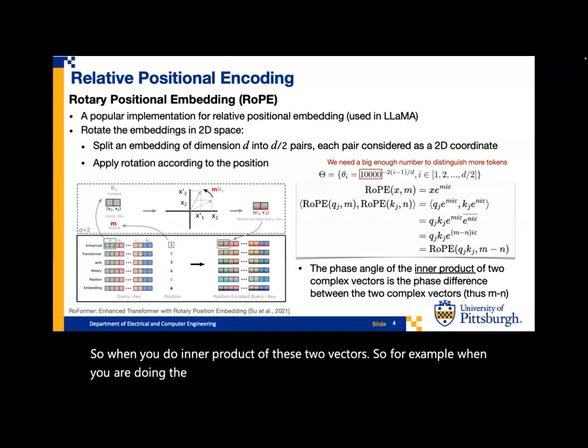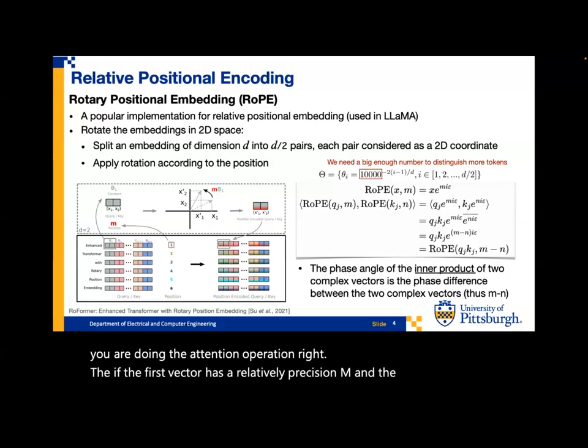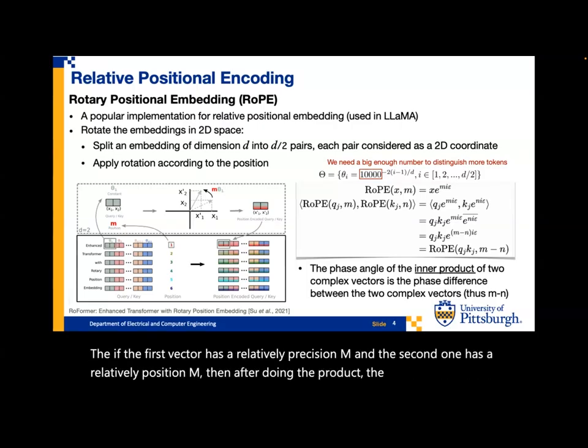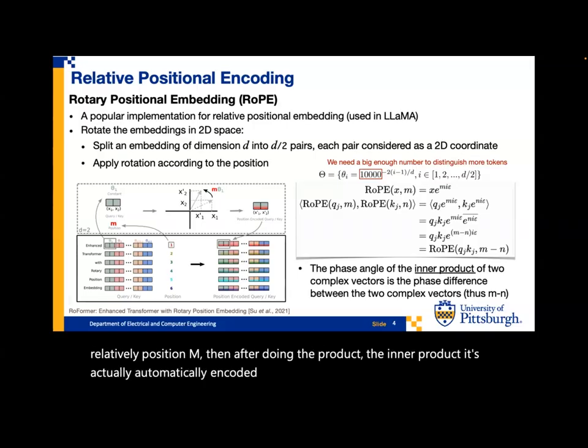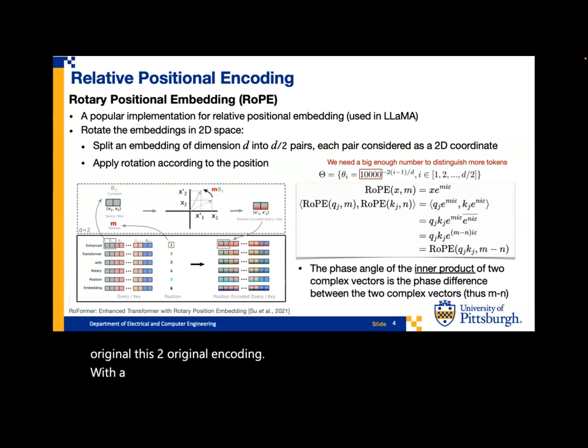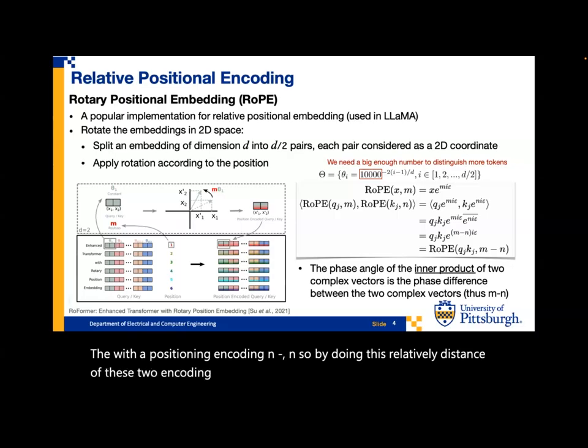If the first vector has a position m and the second one has a position n, then after the inner product, it is automatically encoded as the product of q and k with a positional encoding of m minus n. So the relative distance of these two encodings is automatically calculated.